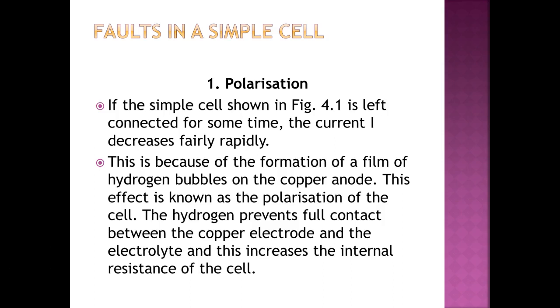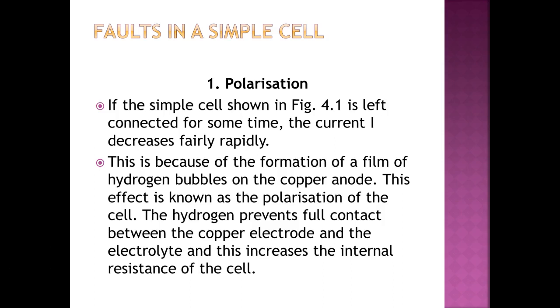Let us look at faults in a simple cell. We have polarization. Polarization is the formation of a film of hydrogen bubbles on the copper anode. These bubbles prevent full contact of the copper electrode with the electrolyte, thus increasing the internal resistance of the cell.